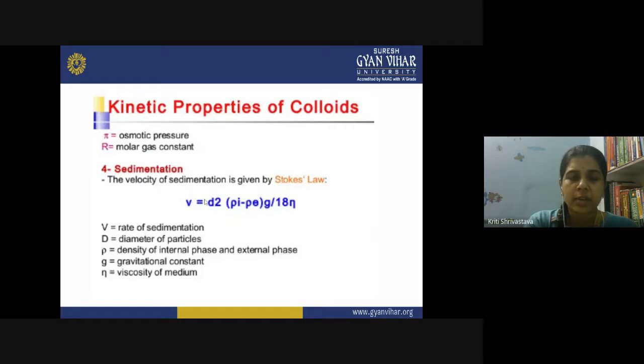Like you can calculate the diameter of the particle from this equation. If you calculate the rate of the sedimentation and the other quantities are known to you, then you can find out the diameter of the given particle. So this equation also finds its application in the determination of particle size for any colloidal solution.